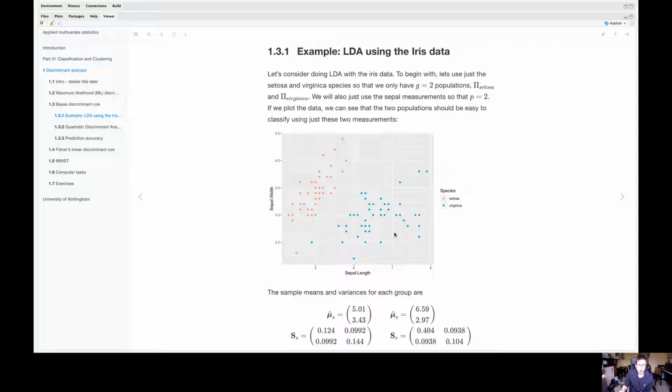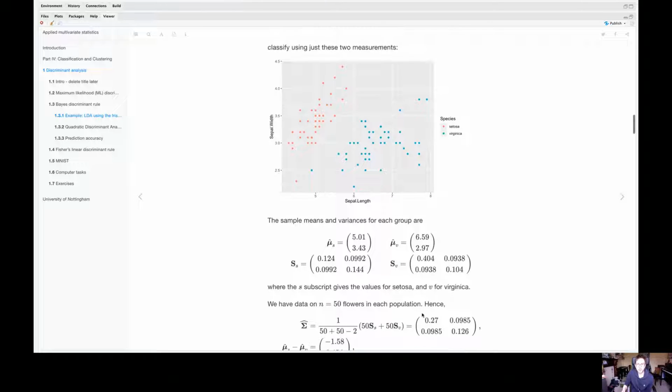Well, first of all, we need to work out the sample means and the sample variances for each group. Okay, so I've done this here for you. And here's the sample mean for the Setosa flowers, and here's the sample covariance matrix for Setosa. Okay, and the same for the Virginica flowers. Now, if you remember, in linear discriminant analysis, we assume that the data have a shared covariance matrix.